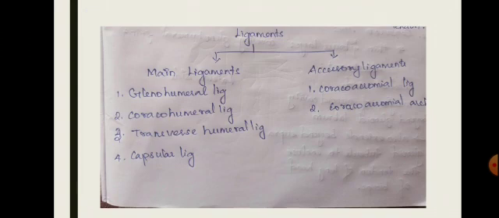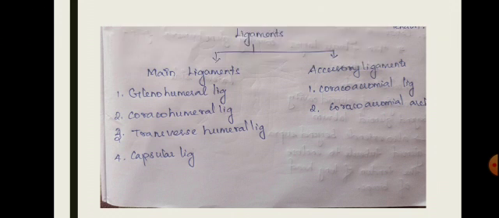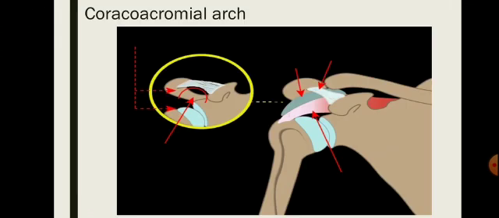You see the coracoacromial ligament and the coracoacromial arch. The coracoacromial ligament is present between the coracoid process and the acromial process. It provides protection to the joint from the superior aspect. What is called the coracoacromial arch?